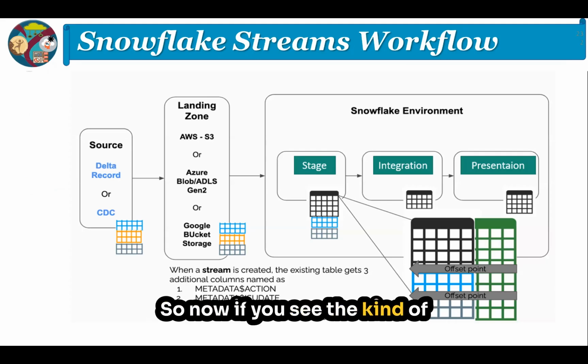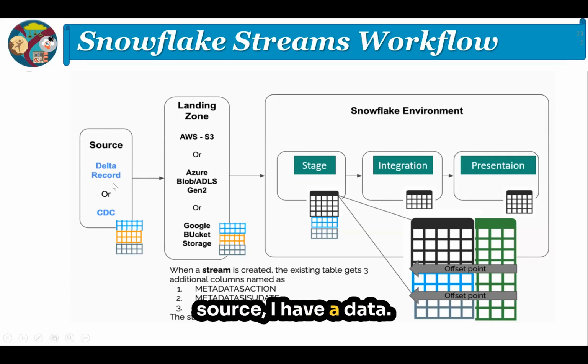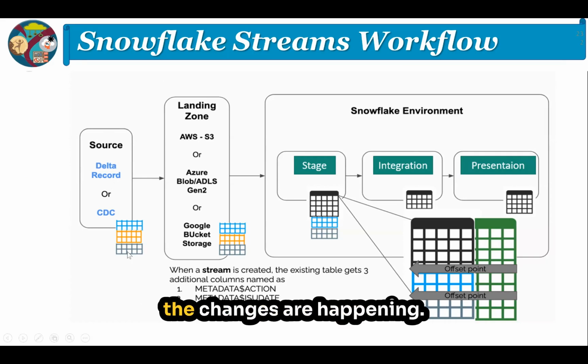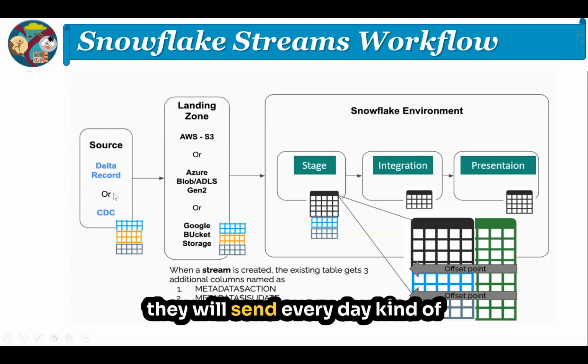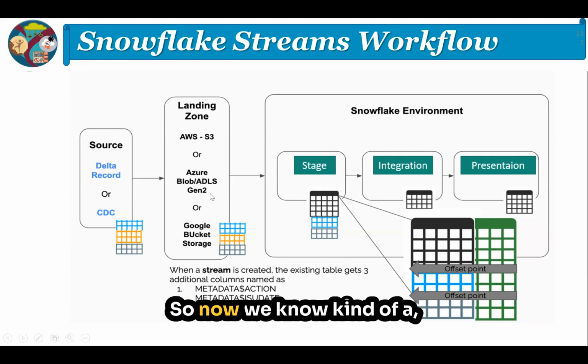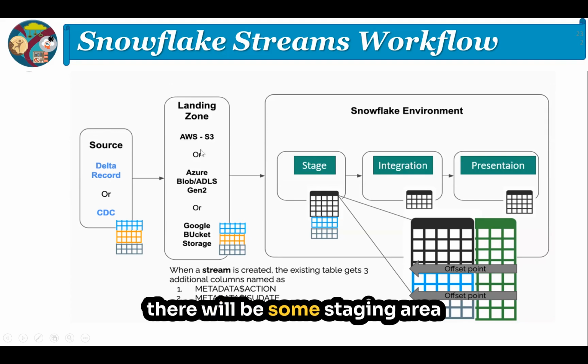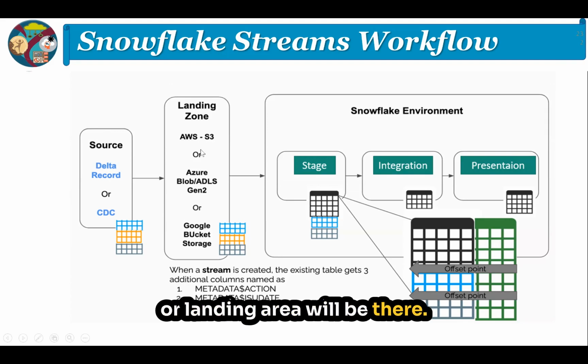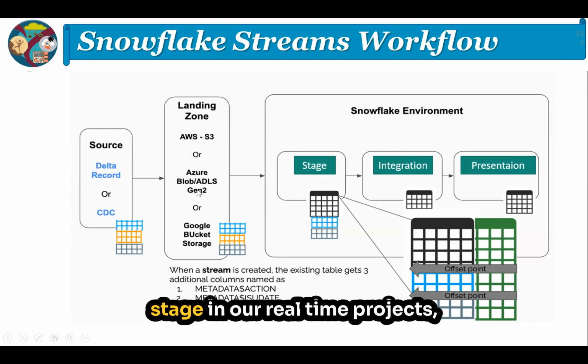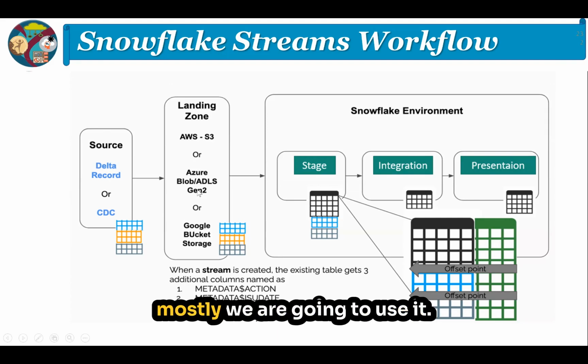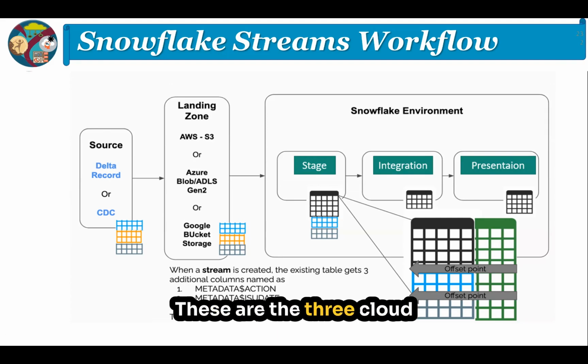So now if you see the workflow of these streams, these are the sources where I have data. Whatever changes are happening at the source end, they pick up and send every day to our Snowflake environment. There will be a staging area or landing area, which is an external stage. In our real-time projects, we mostly use one of three cloud platforms: AWS, Azure, or Google bucket.